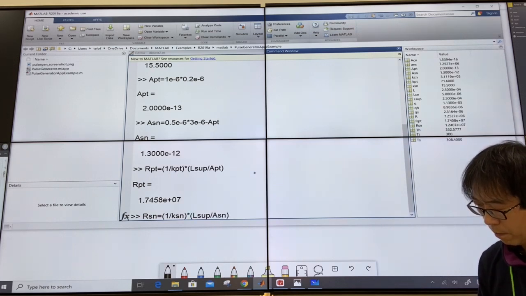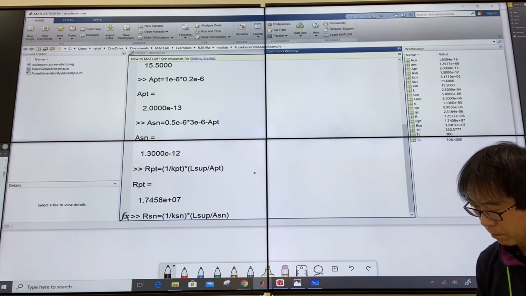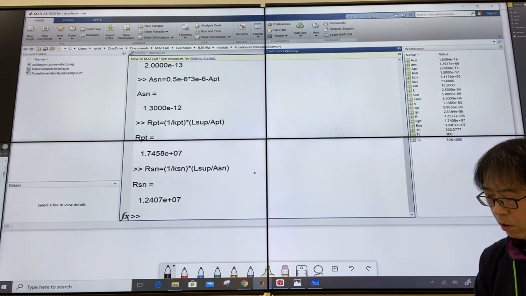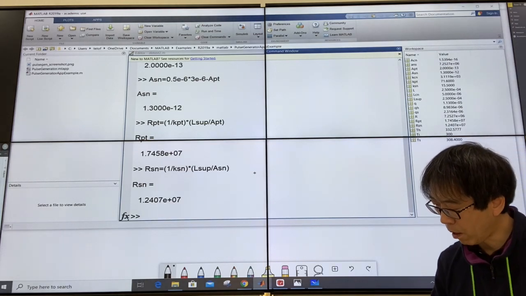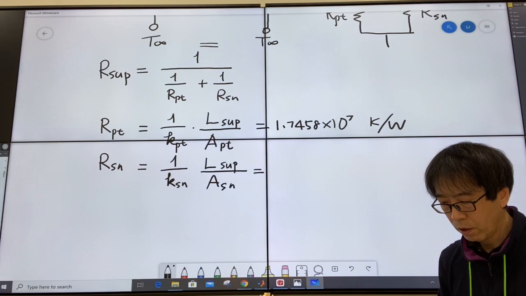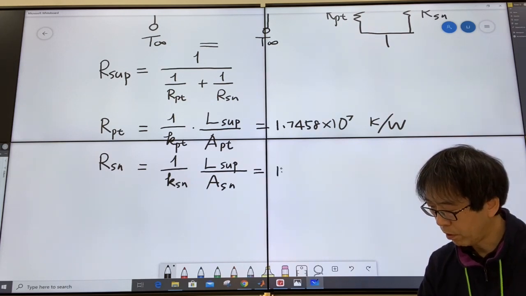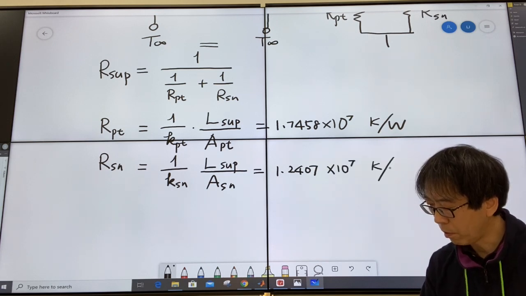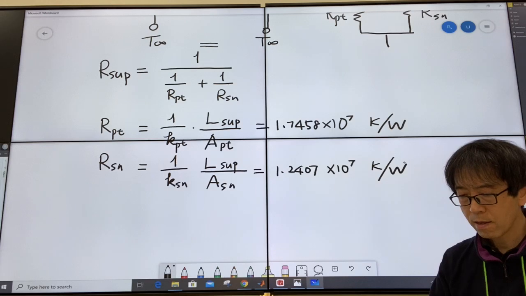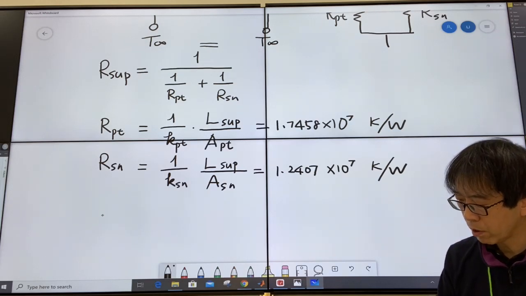And yeah, that's 1.2407 times 10 to the 7th power Kelvin per watt. Okay, so what will be the R support?